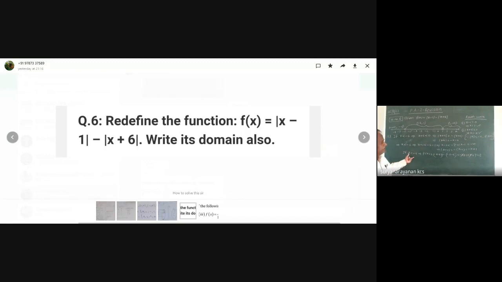But this is if x is less than minus 6, in this interval f of x value is 8. Up to here, write down. Take screenshot.